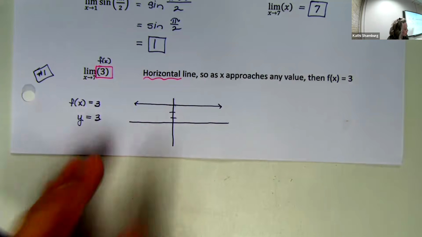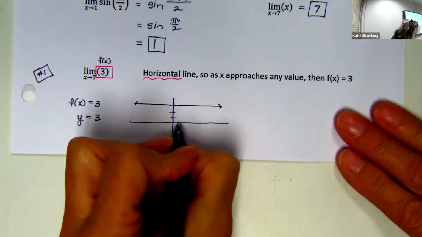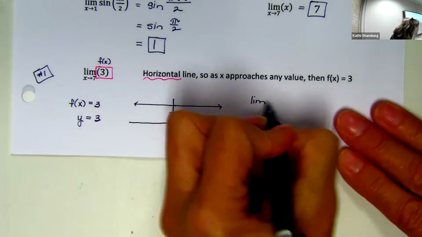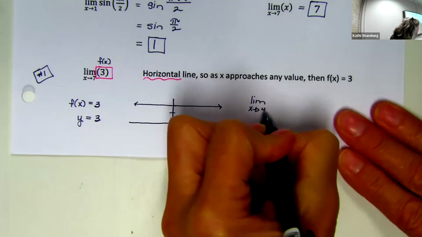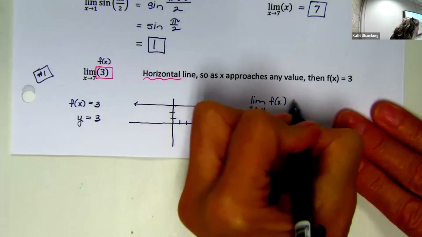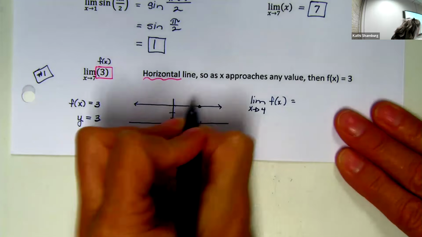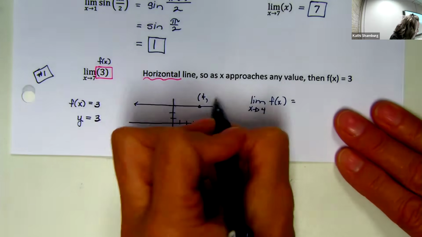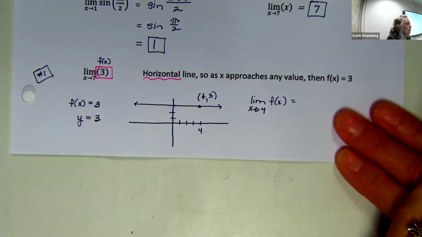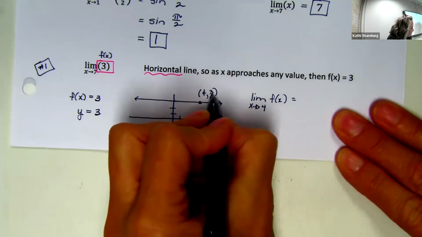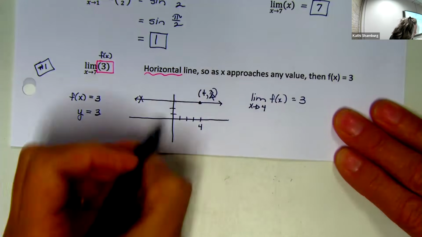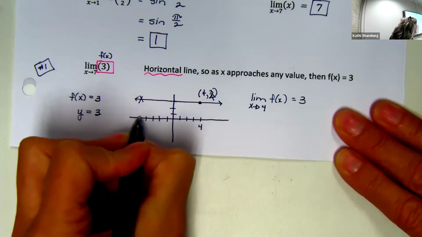All right. So if I asked you the limit as x approaches 4 for that graph, that ordered pair is going to be over 4, what? 3. So what would that limit be? 3. If I chose a number over here, so negative 1, 2, 3, 4, 5.